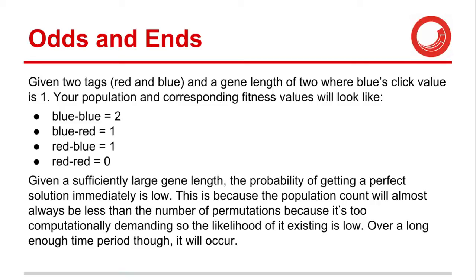But given a long enough gene with enough tags, the probability of getting that perfect solution is immediately very low, because you have a population of 100 or 300 or something, but the number of combinations is humongous, so you're only getting a small set of that. As you churn over your population, you will eventually maybe get there, but it will take a while.